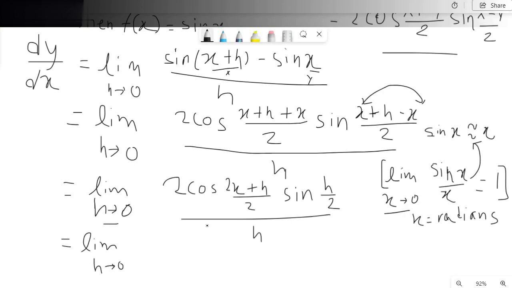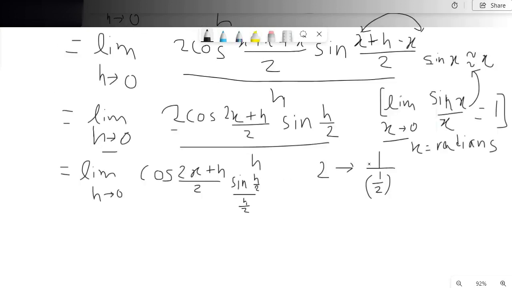So rearranging the expression, we get cos((2x + h)/2) and then sin(h/2) divided by h/2. So finally, now we have the given expression in the form of the limit that we initially wanted, which is sin x by x.